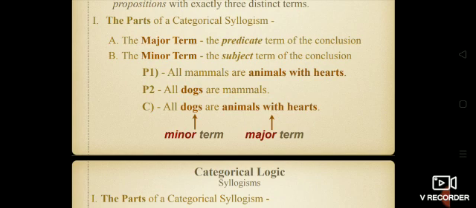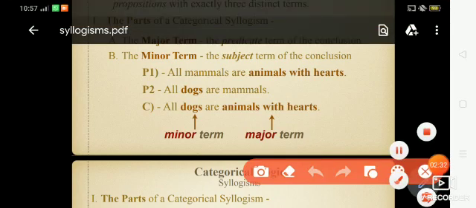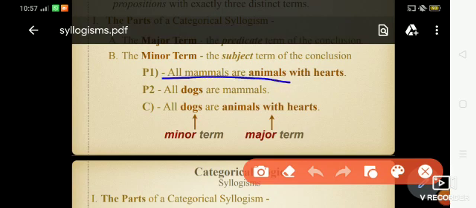So mammals will be eliminated in the conclusion. So remaining, all dogs are animals with hearts. Once again, listen very carefully.